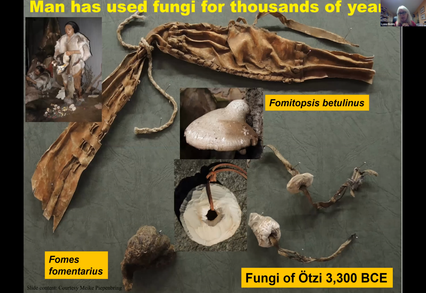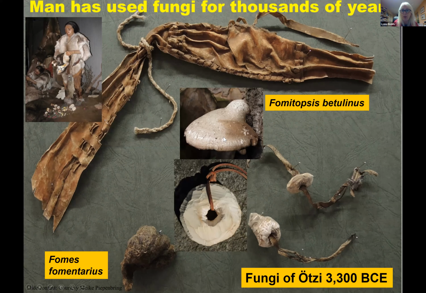And indeed, for thousands of years, for 5,000 years or more, and probably much more, man has used fungi not just to eat. This was Ötzi, who was found, I think, in the Italian Alps. I think he'd been stabbed in the back and then preserved for these 5,000 years. And he had a sort of necklace, which this is a reconstructed one that you can see here, made of this fungus.